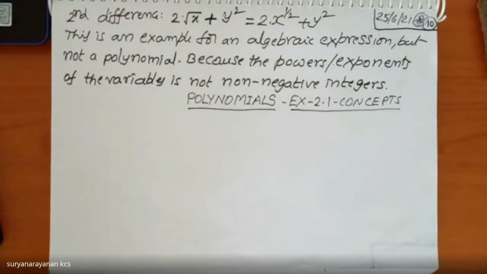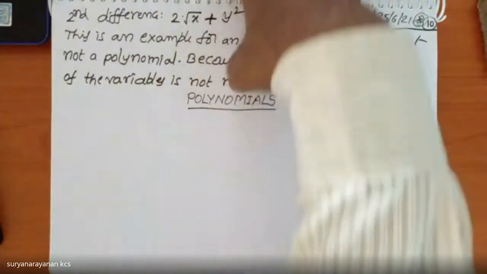In the previous class, we had discussed some concepts on polynomials, right from the basics: what is meant by a variable, what is meant by a constant, what is meant by a term. Do you remember these points?